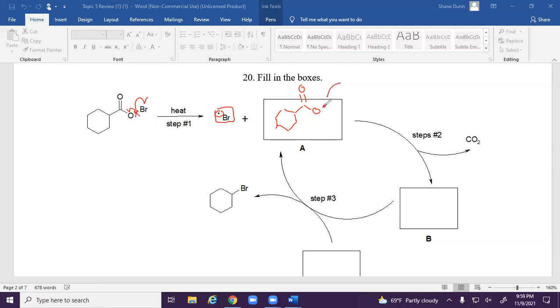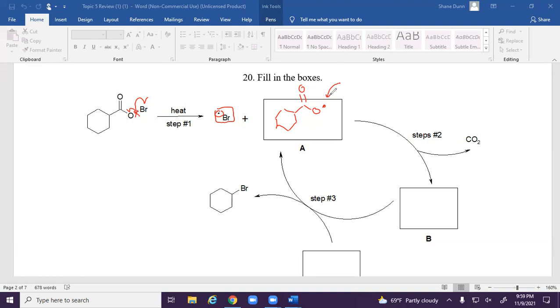Is this radical happy? No. Why not? Because it wants another one. Is it stable though? No, because it's not allylic. So it's going to do a conformational change, correct? So remember that radical. That radical is going to go somewhere else.